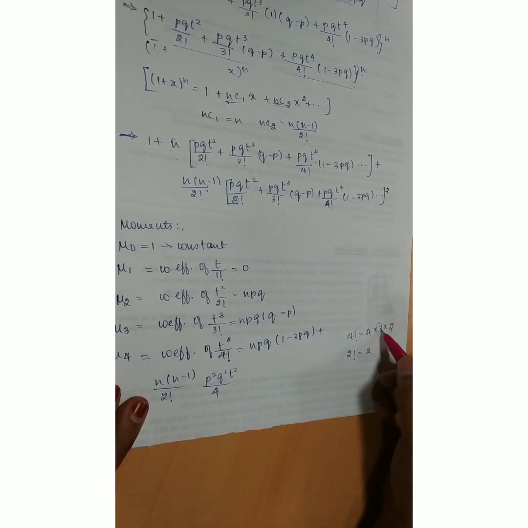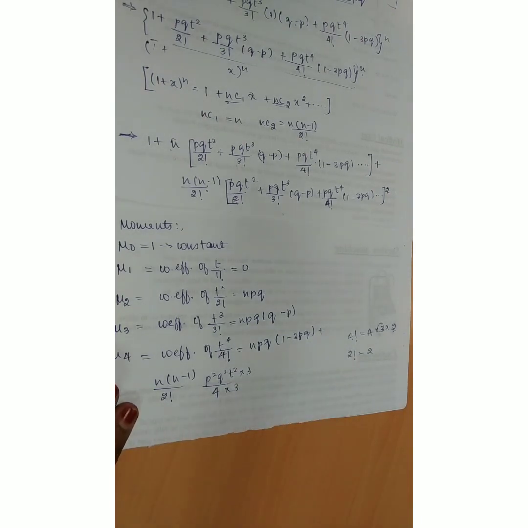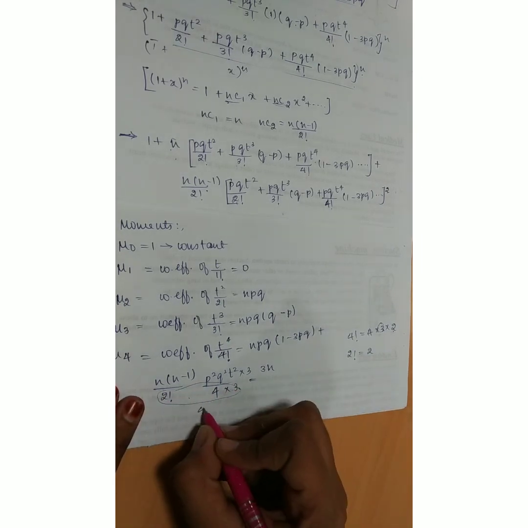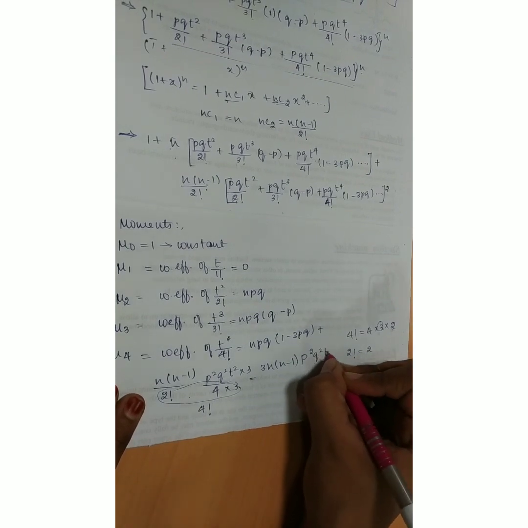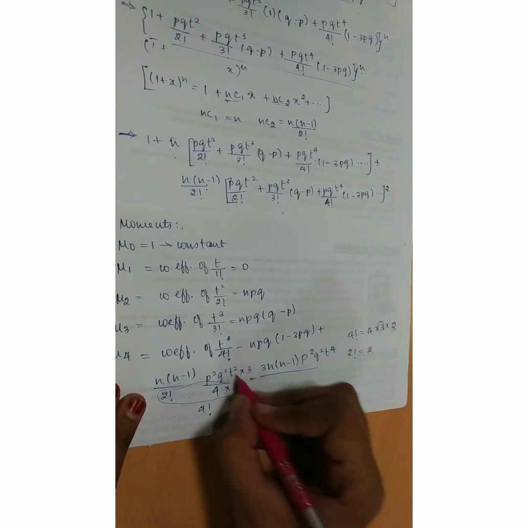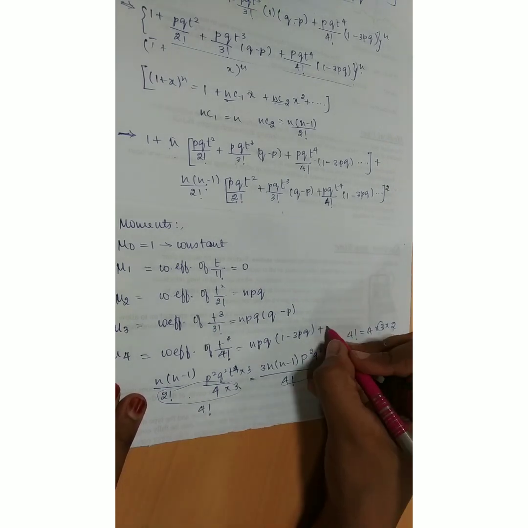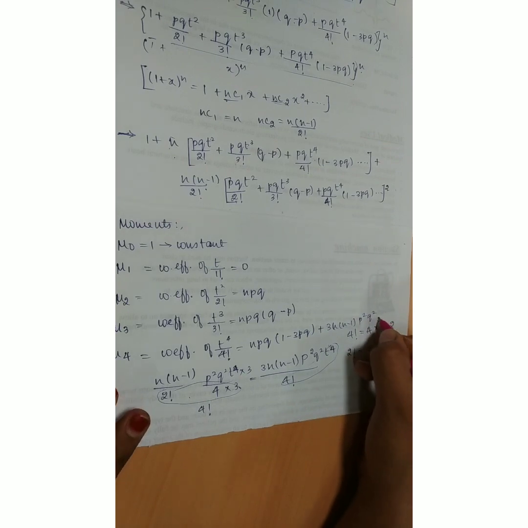We have 4 and 2, but 3 is missing. So multiplying and dividing by 3, we get 3n into n minus 1 p square q square t power 4 by 4 factorial. And that is equal to 3n into n minus 1 into p square q square.